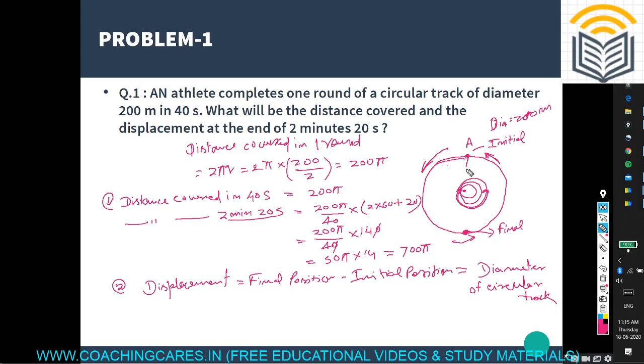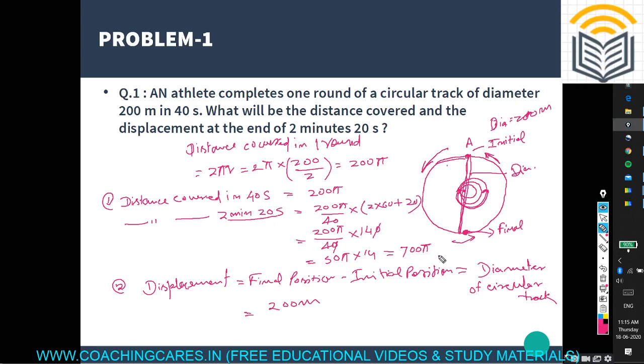So this is the track and this is the diameter, this is the change of the position, and this is the displacement, which is d, the diameter. So the displacement will be 200 meters.